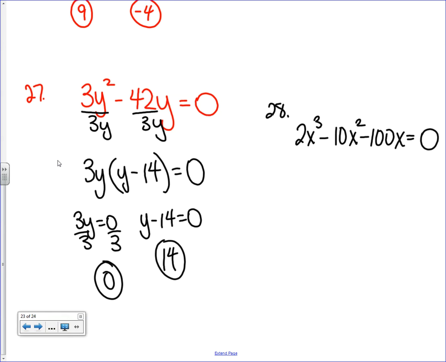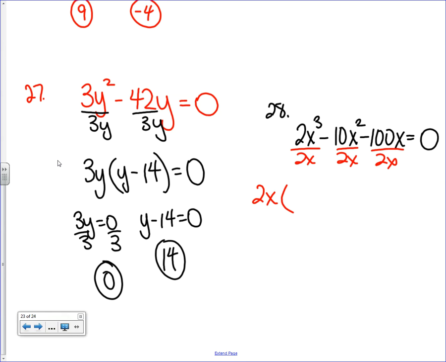It'll be all right. It is already set equal to 0. Does it have a GCF? And I can take a 2x out of all of these. So that gets out front as my GCF. Okay, so what do I have left in this first term?